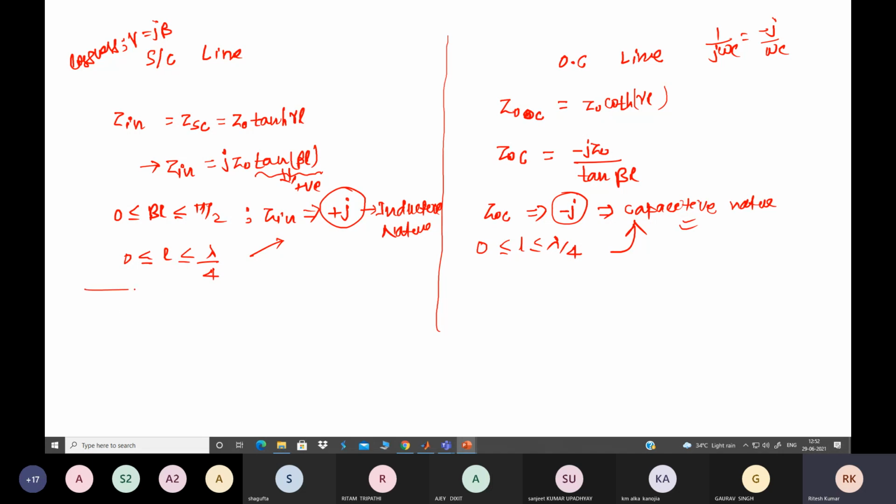Now what is it for the other condition? Suppose now we are taking L from lambda by 4 to lambda by 2. At that situation we have beta L from pi by 2 to pi.